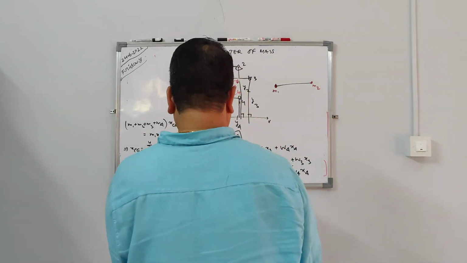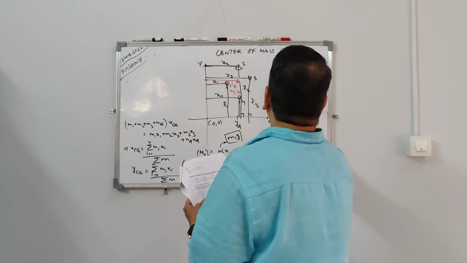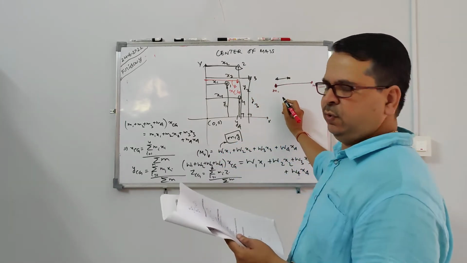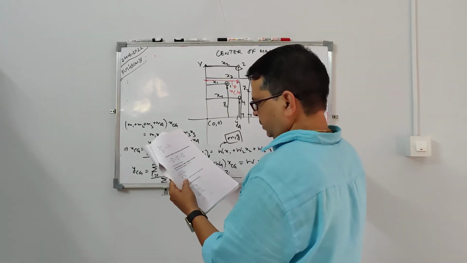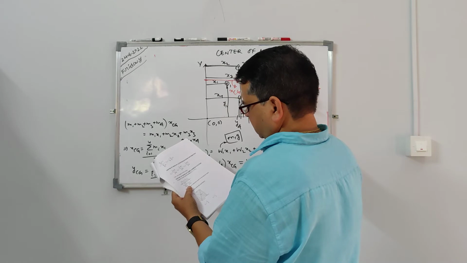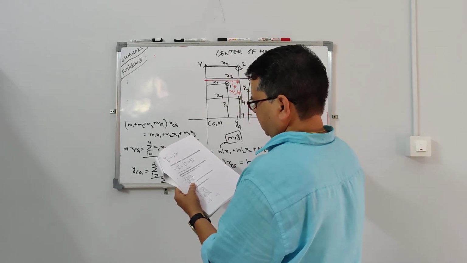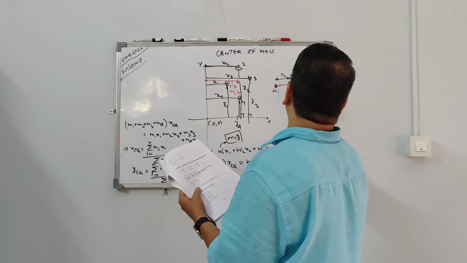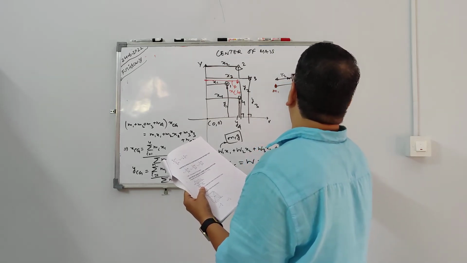Let us say your CG lies close to m1, and the distances are given as R2 here and R1 here.